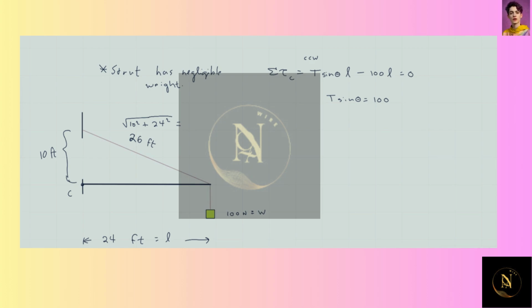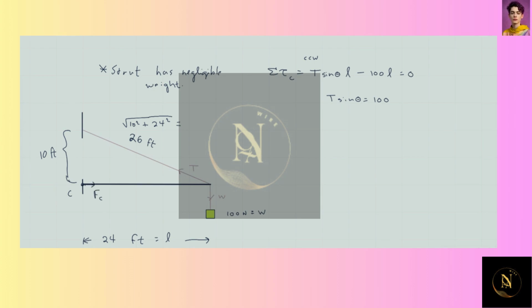What this means then is that the force at point C has to point straight along the strut. So let me make a quick vector diagram showing the forces on that strut. So there's the tension in the rope pulling it to the left, and there is the weight downwards, and the strut force at point C. We'll call that FC.